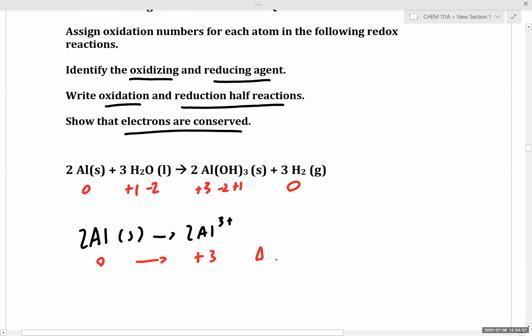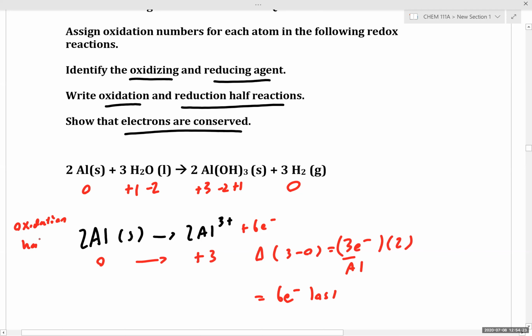So our difference is 3 minus 0, which is 3 electrons per aluminum atom. We have 2 aluminum atoms, so that gives us 6 electrons lost. And since we're losing electrons, this is an oxidation half-reaction.